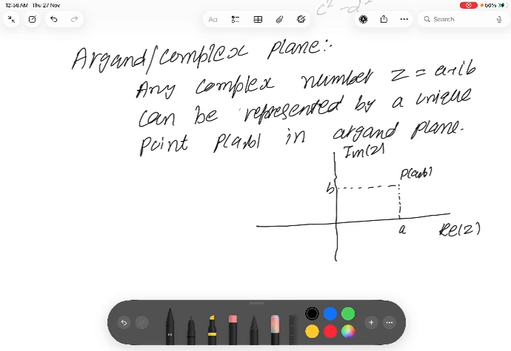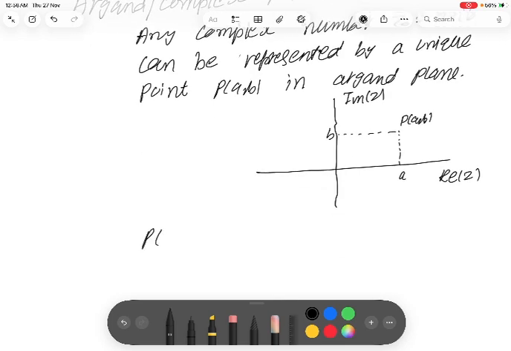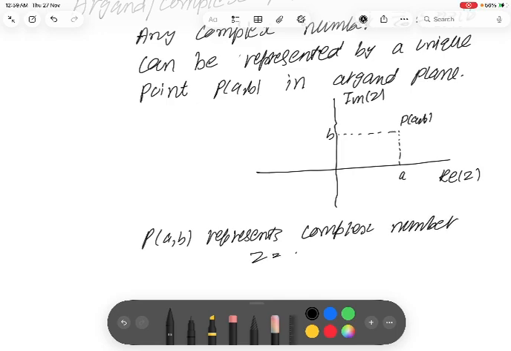So P of a comma b represents the complex number that is equal to a plus iota b.